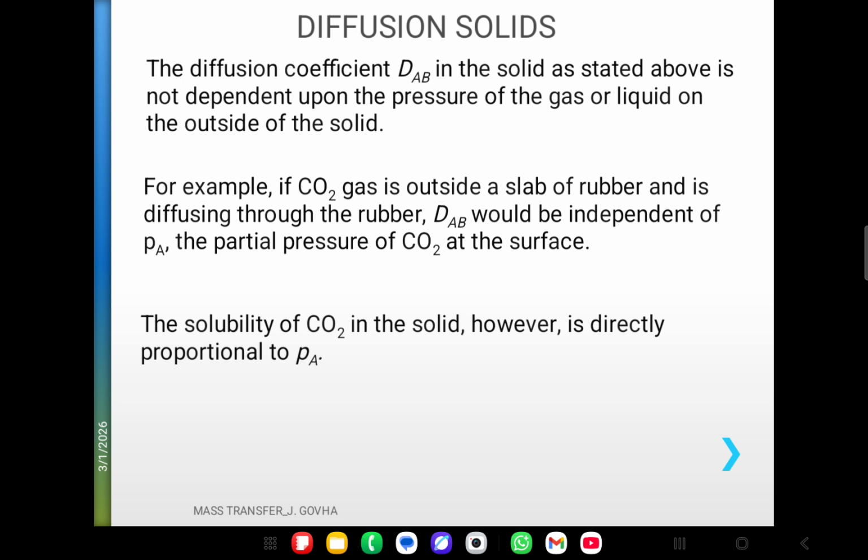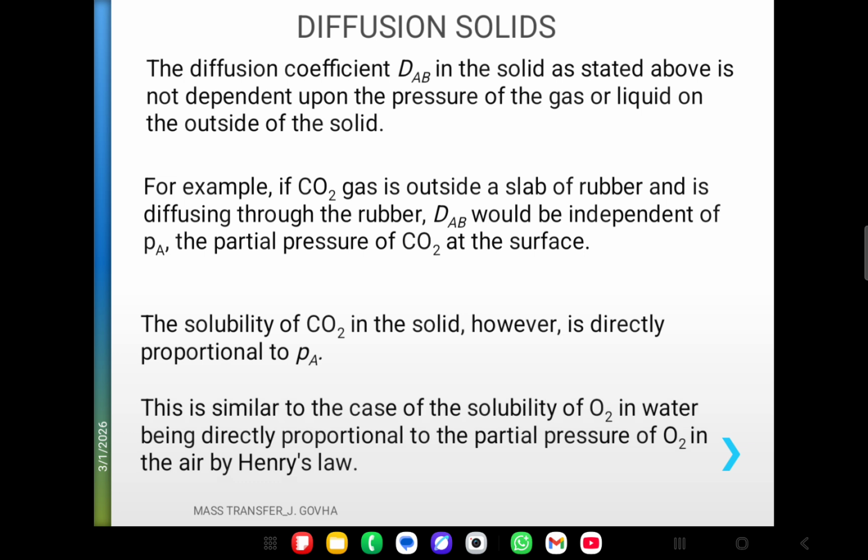But what is important is the solubility of CO2 in the solid, which is directly proportional to PA. Again, this is similar to the solubility of O2 in water being directly proportional to the partial pressure of oxygen in the air, as given by Henry's law.